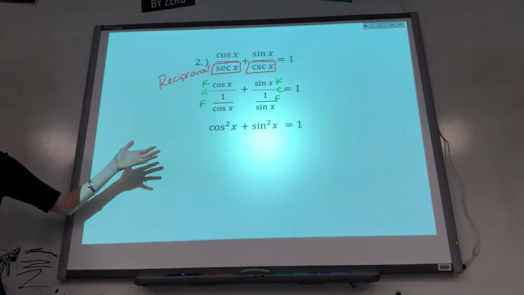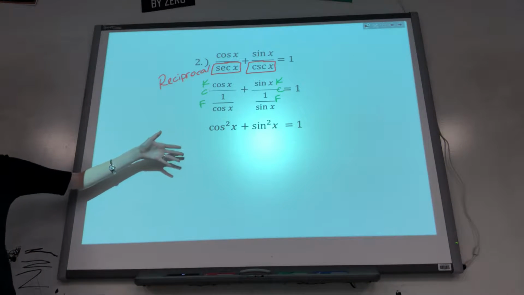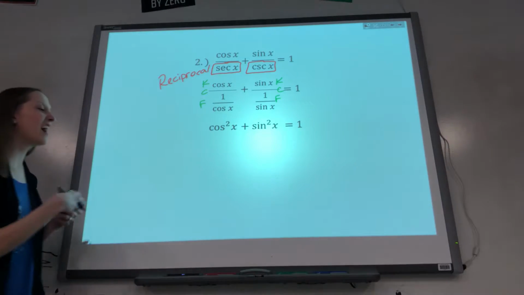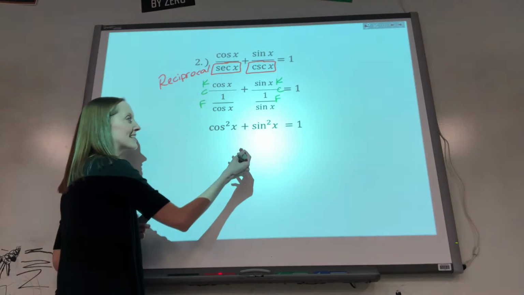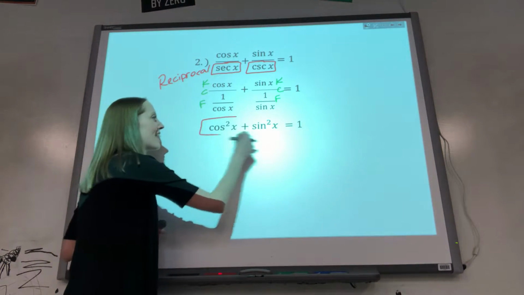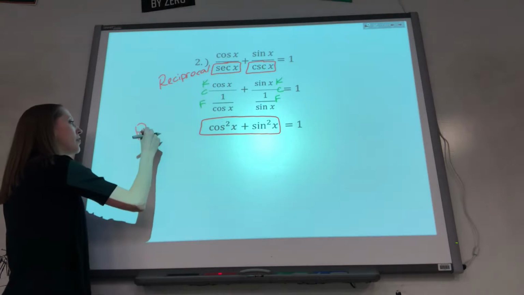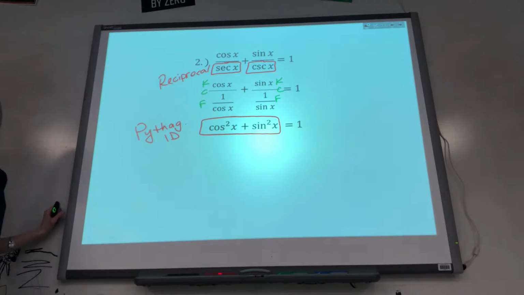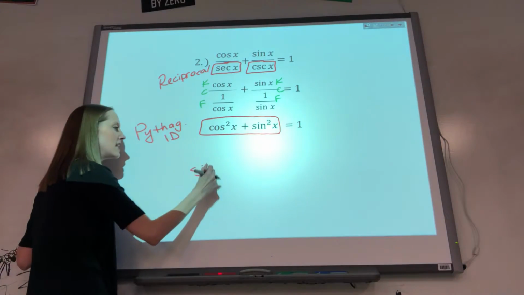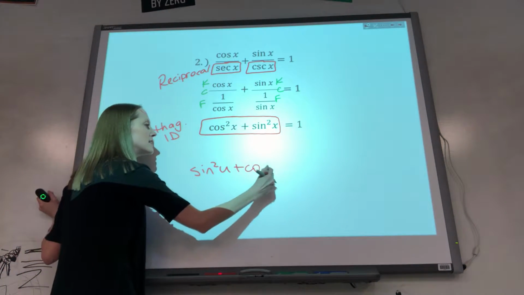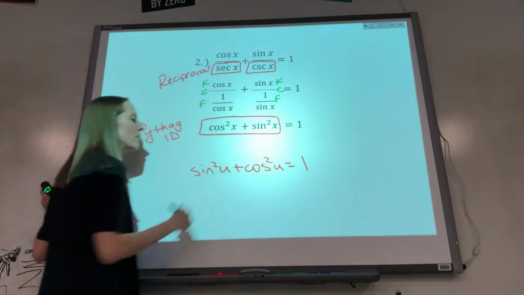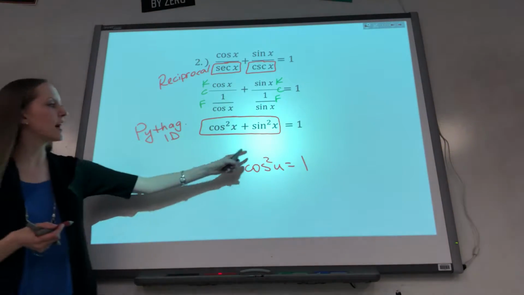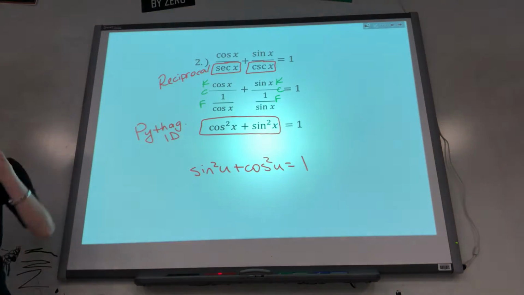Okay, now, looking at what you have and what you're trying to go for, what identity should I use next? Yeah, that works out perfectly. Pythagorean identities. Now, the one that I'm looking at on my handy dandy sheet says sine squared of u plus cosine squared of u equals 1.